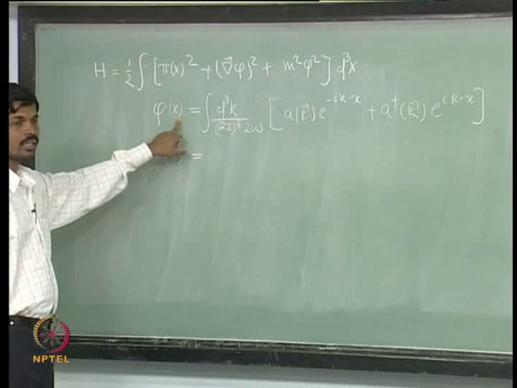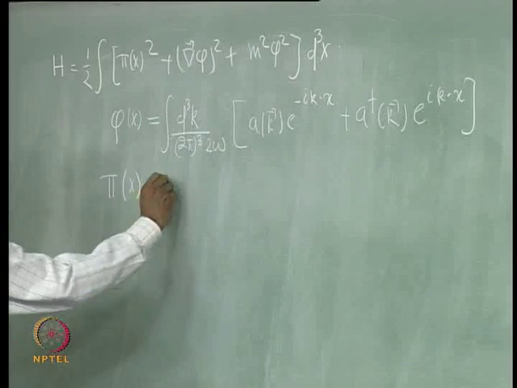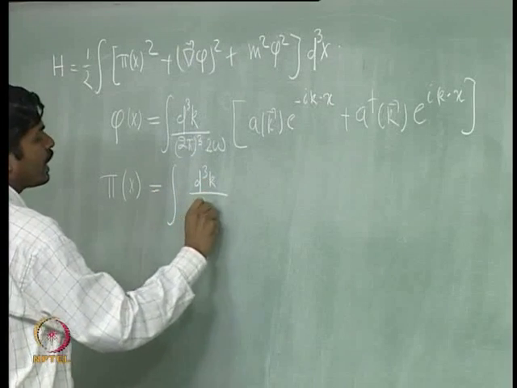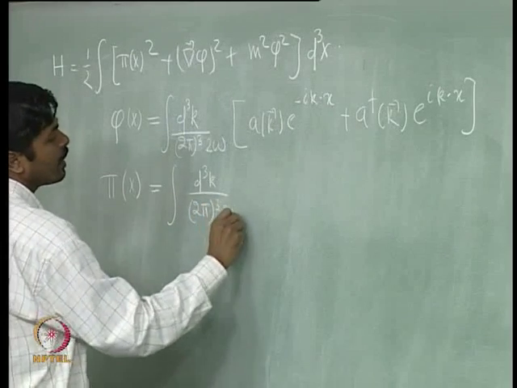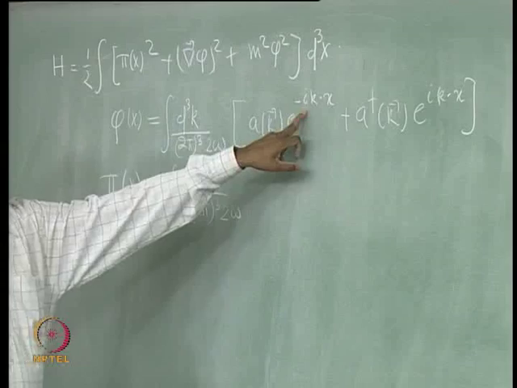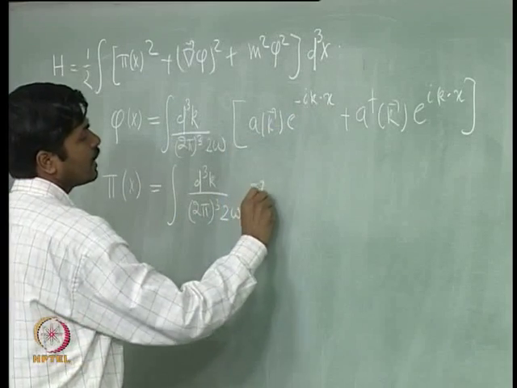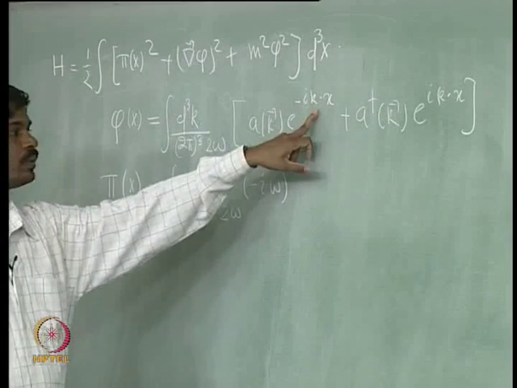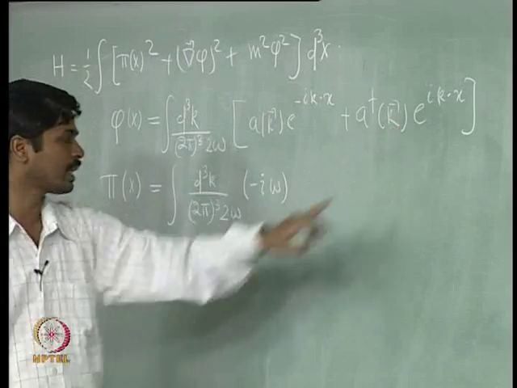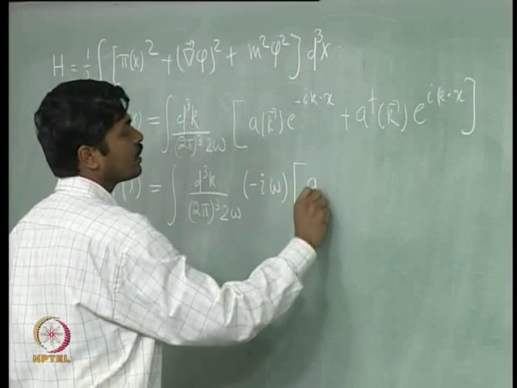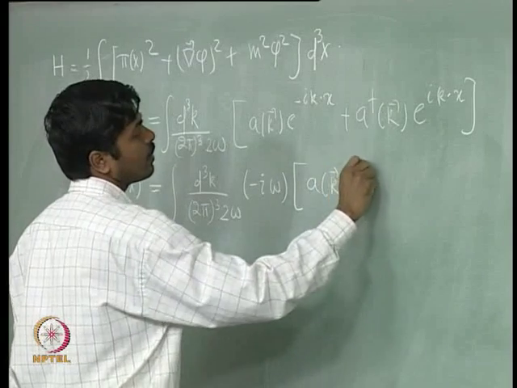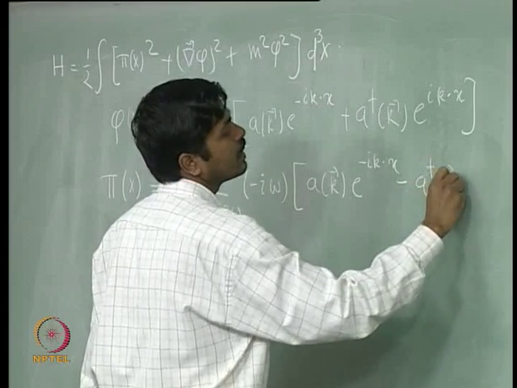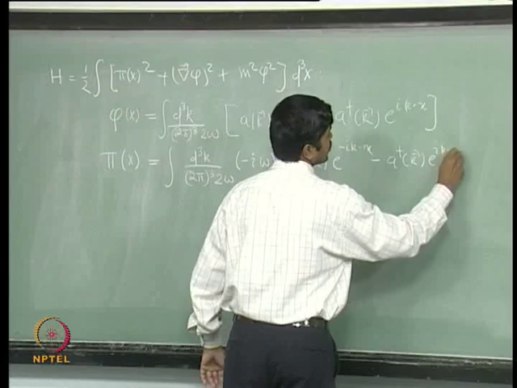From here we can derive what is pi of x. Pi is simply phi dot. So, when you take a time derivative, you will get d cube k over (2 pi) cube 2 omega. Here all you will get is a minus i omega, because derivative with respect to time will give you minus i omega here plus i omega here, and as a result you get a_k e to the power minus i k dot x minus a dagger k e to the power i k dot x.